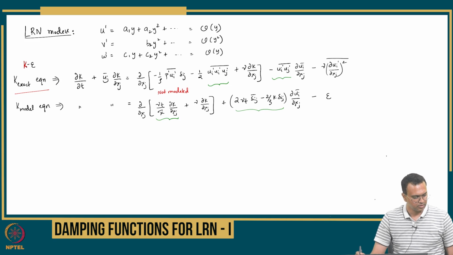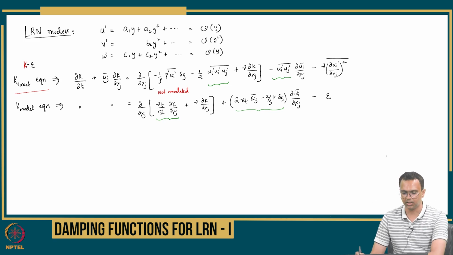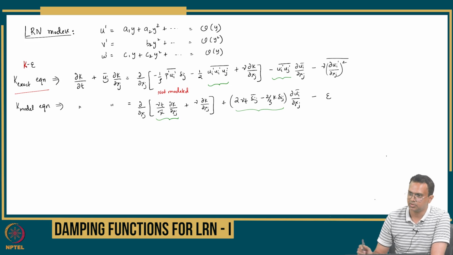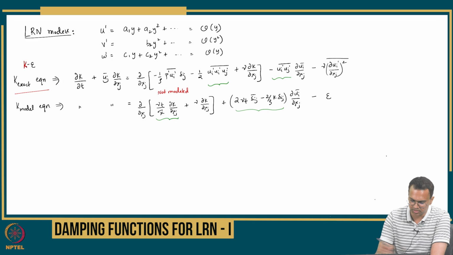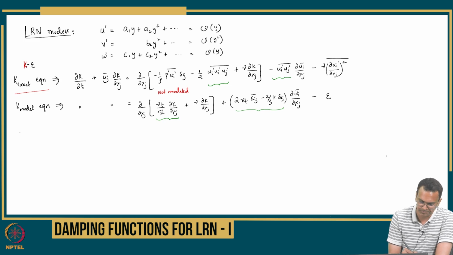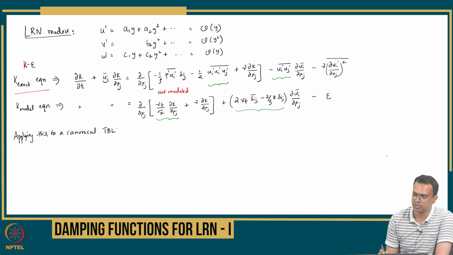Okay. So with this, now we go ahead and apply this for a canonical turbulent boundary layer, that is a smooth wall turbulent boundary layer, using the same conditions.